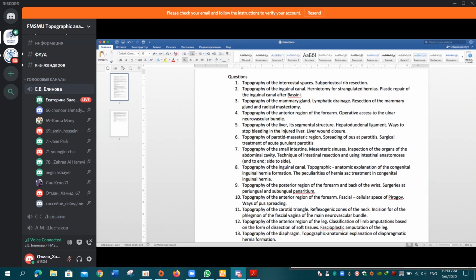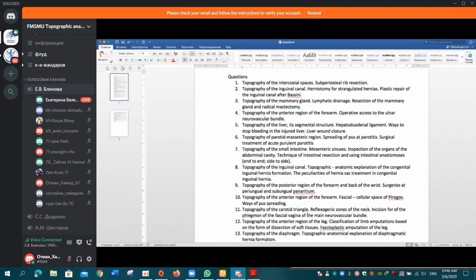Ulnar neurovascular bundle includes the ulnar artery, ulnar nerve, and two ulnar veins. The ulnar nerve supplies the flexor carpi ulnaris and the ulnar part of the flexor digitorum profundus.